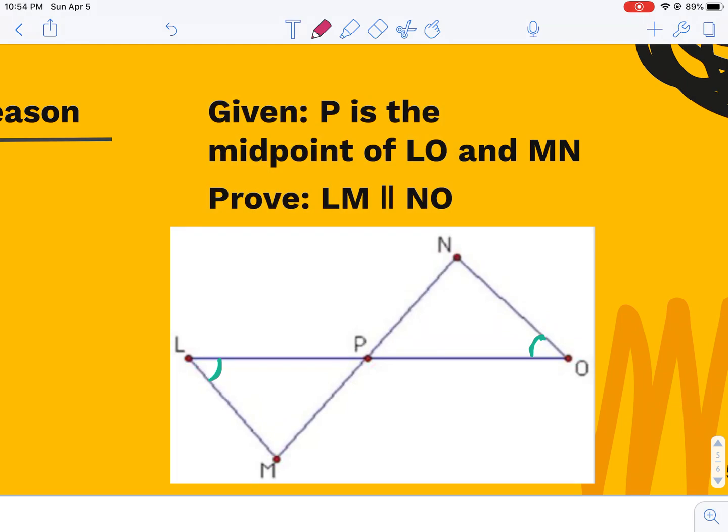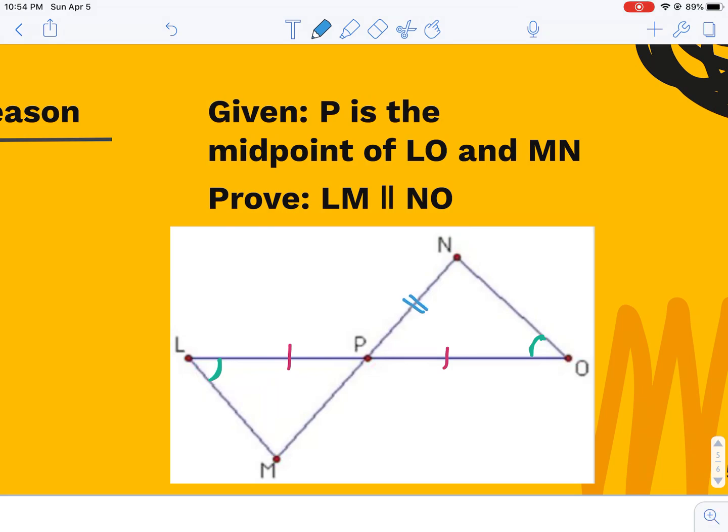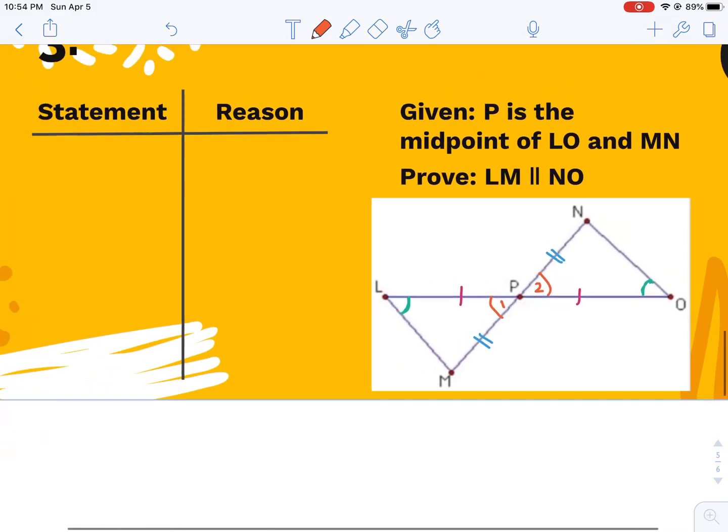And I'm told P is the midpoint of LO and of MN, and notice those are 2 different things. So just because it's the midpoint of one doesn't automatically mean it's the midpoint of the other. And then I also have some vertical angles right here. So I can use side angle side to prove the triangles are congruent. Then CPCTC to prove L is congruent to O. And then because my alternate interior angles are congruent, my sides must be parallel.